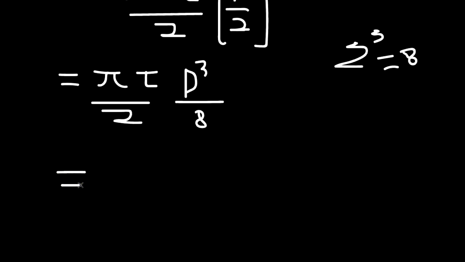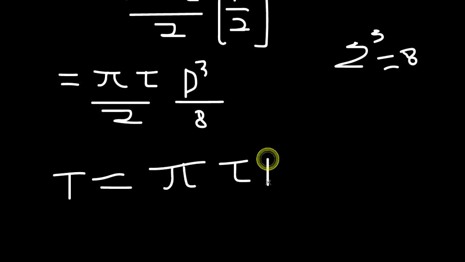So we get that T equals pi tau d cubed all over 16.